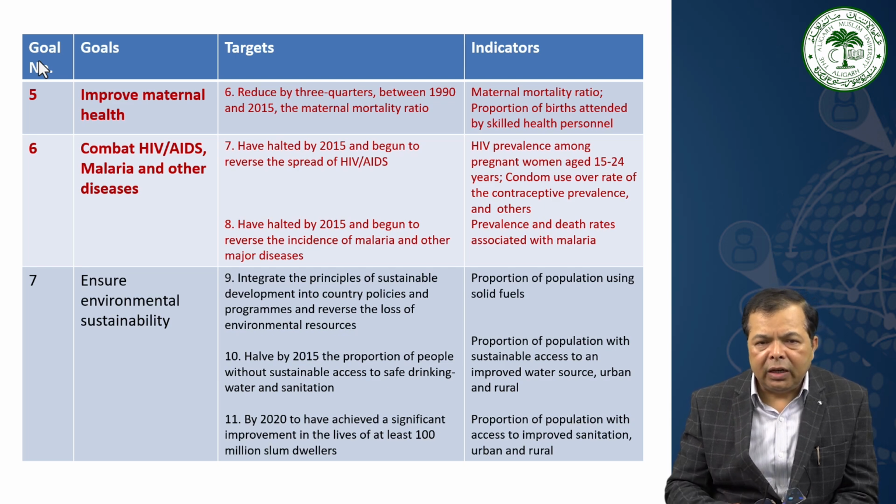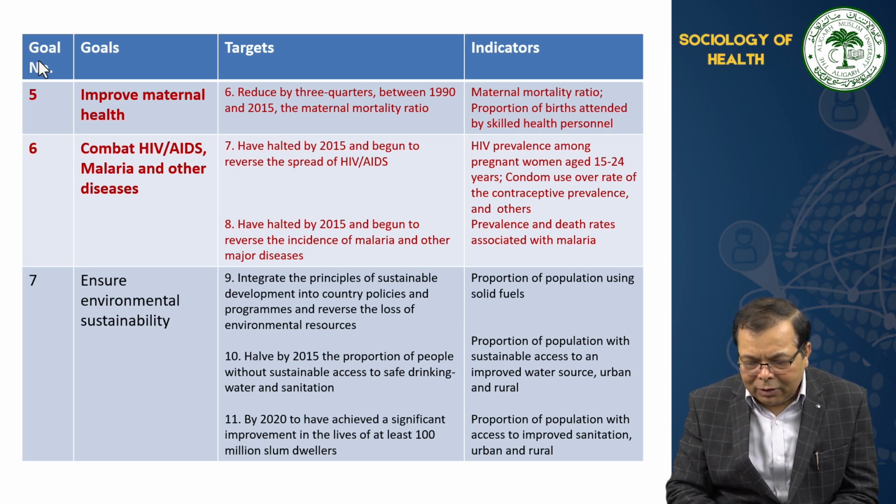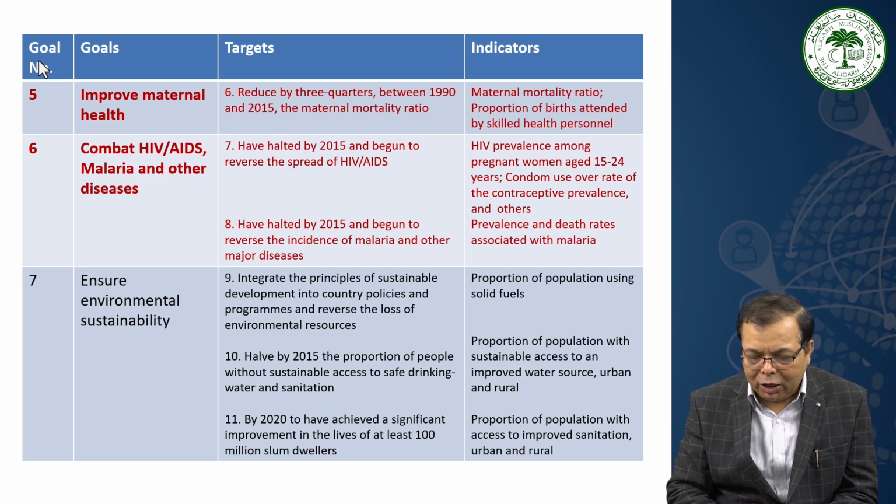So these were the targets, and if you want to see the indicators, then these are like HIV prevalence among pregnant women aged 15 to 24 years, then condom use rate, the contraceptive prevalence rate and others, and then prevalence and death rate associated with malaria.